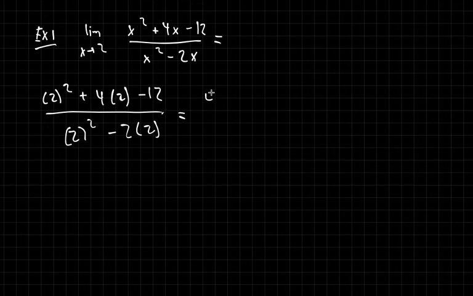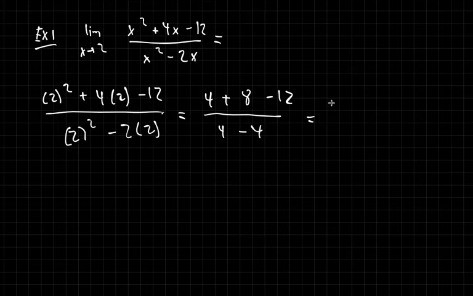And this is just 4 plus 8 minus 12 over 4 minus 4. 4 plus 8 minus 12 is 0. 4 minus 4 is 0. So now we arrive at 0 over 0, but we can't call it a number because you can't divide a number by 0. The denominator can't be 0. So this is just undefined.